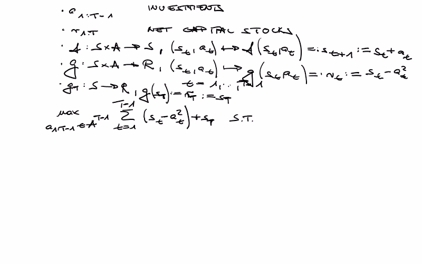And this was subject to the transition function that we have above, for t from 1 to t minus 1, because then s big T is given and s1 no. So that was the problem.